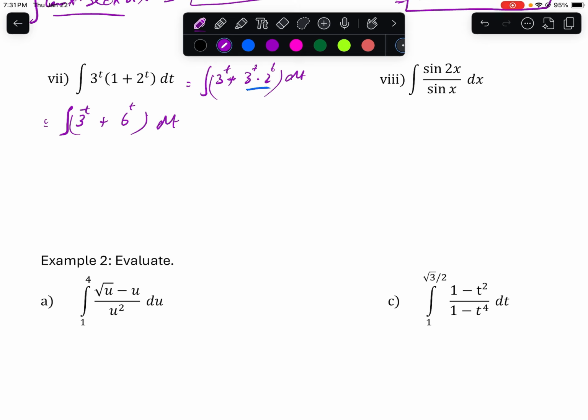So if you distribute, integral of 3 to the t dt plus integral of 6 to the t dt, which is equal to 3 to the t over ln of 3 plus 6 to the t over ln of 6 plus c.